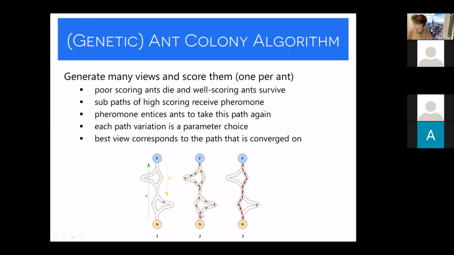When an ant smells the pheromone, it says, oh, this is a really good turn to make, and then it makes that turn too. But the pheromone expires over time. So when ants take a long time, the pheromone expires and doesn't last very long, so the ant doesn't take that path.